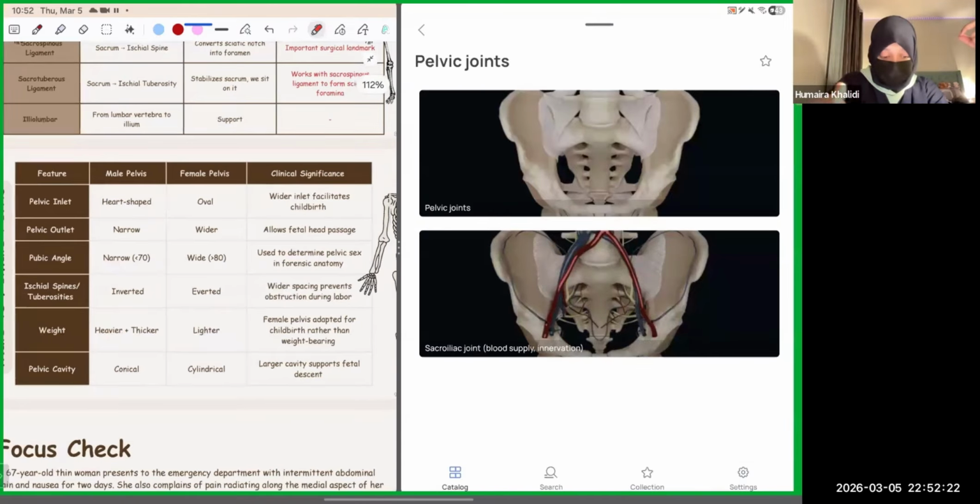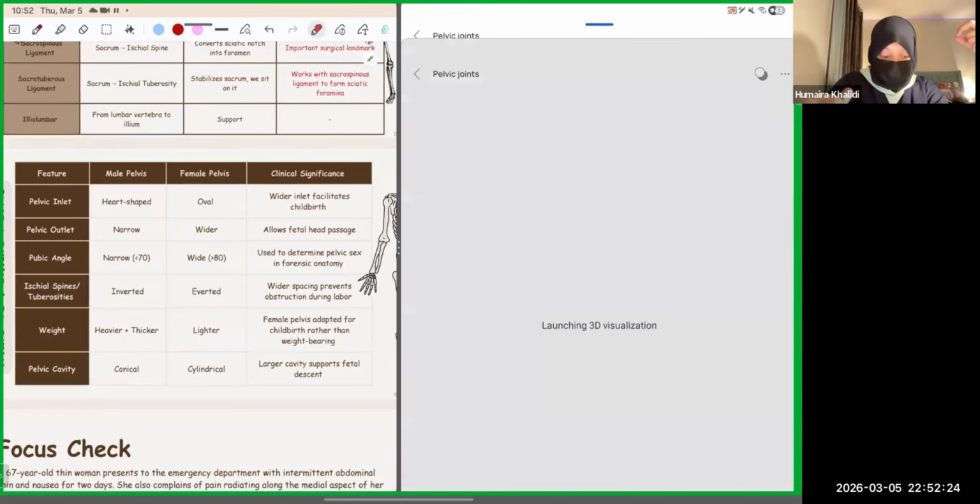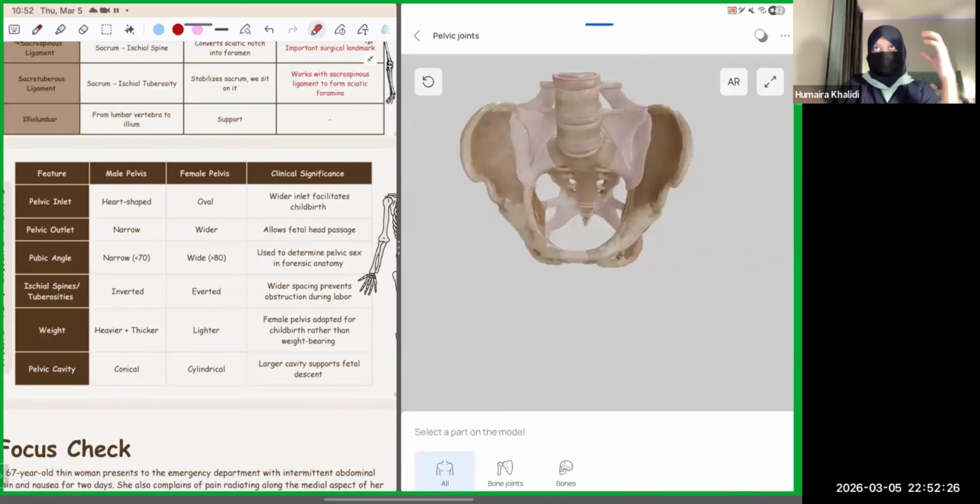The pubic outlet, okay? So imagine this with me. In the males, everything up is inverted and everything down is out. This is how a male's pelvis is, like ready to fight.